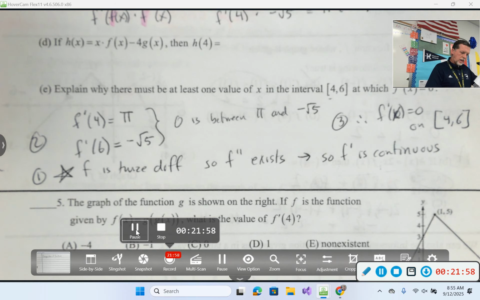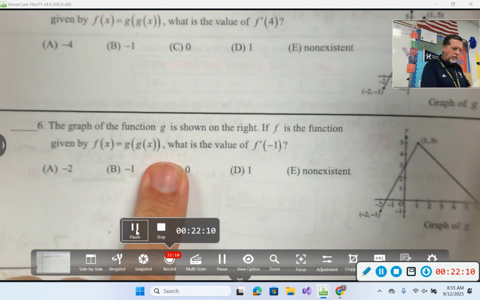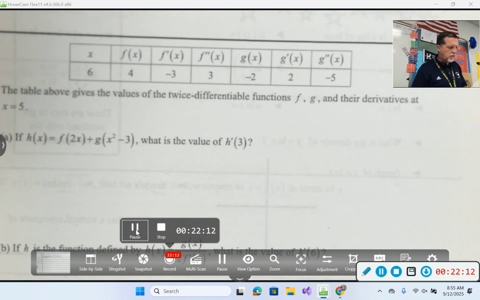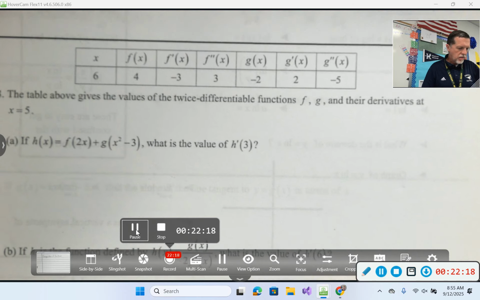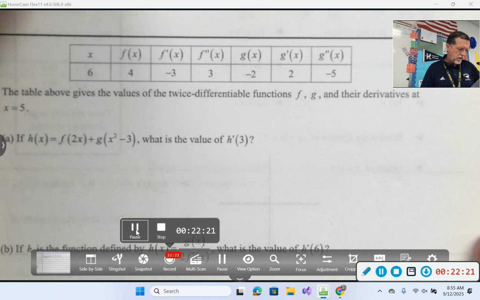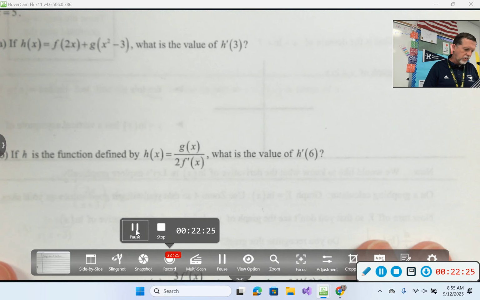Let's see. We don't really need to do all of these. That looks like a chain rule. That looks like a chain rule. That looks like a chain rule. So those were graphs. Oh, 8 looks crazy. Let's look at 8.